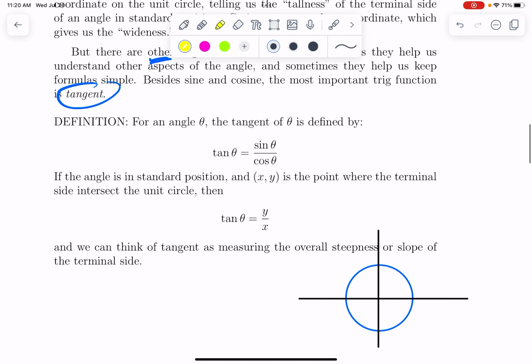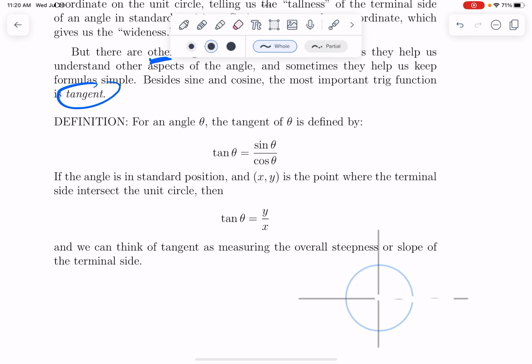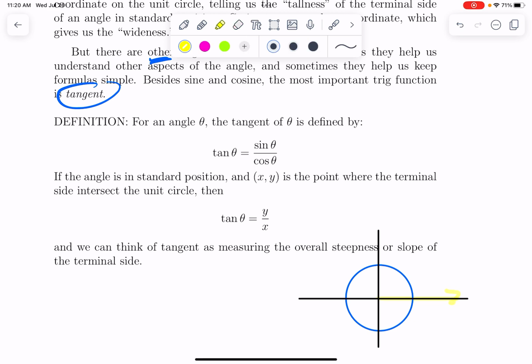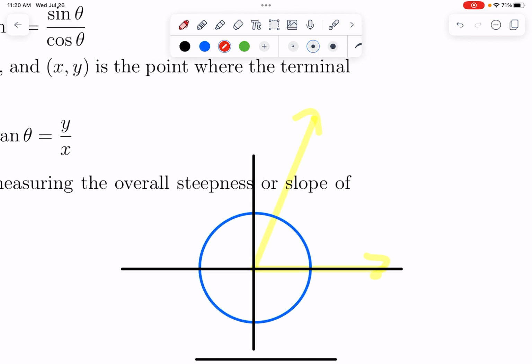And let's imagine that we have some angle in standard position. So here's our angle in standard position, angle theta. Here's the point where the terminal side meets the unit circle.